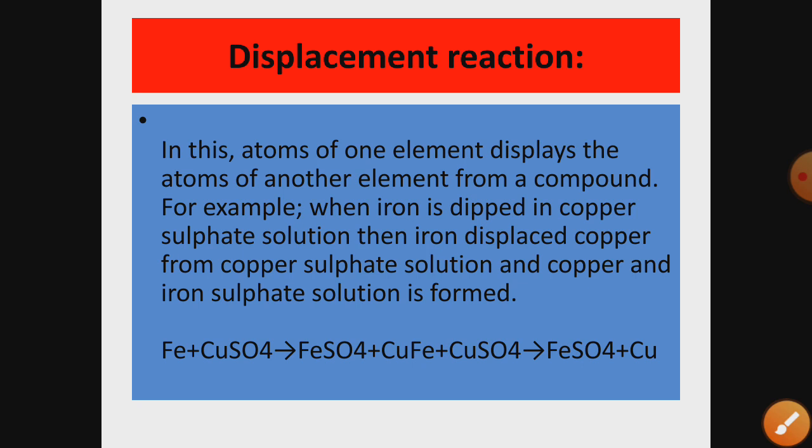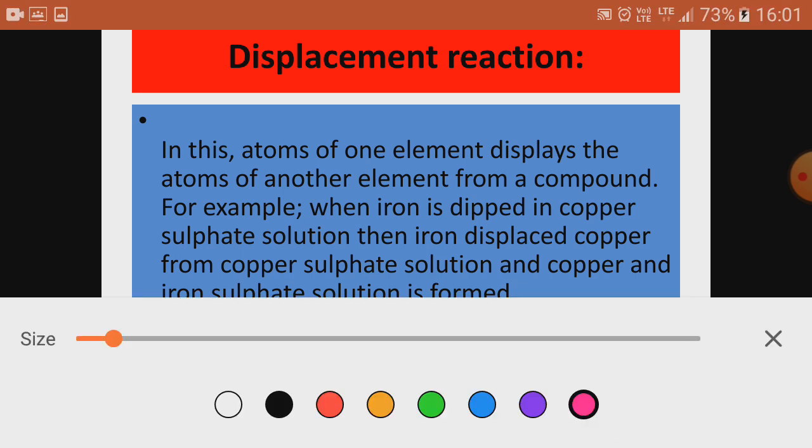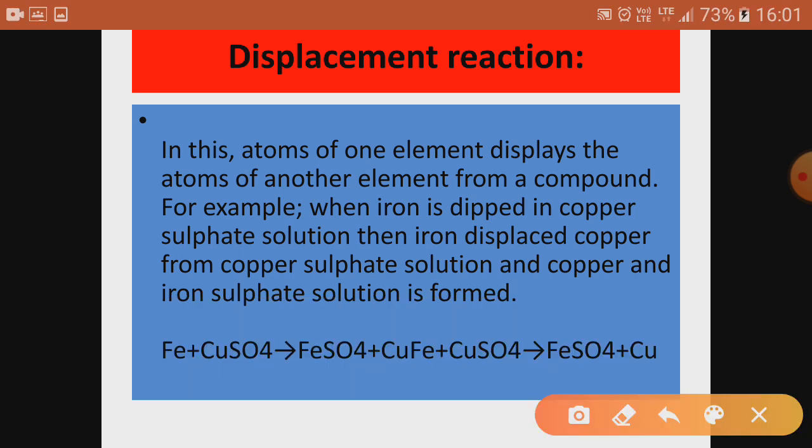Now the next one is displacement reaction. In a displacement reaction, a more reactive metal displaces a less reactive metal from its salt solution. So I will write it like this. Fe is more reactive than copper. Copper has its salt solution, copper sulfate solution.